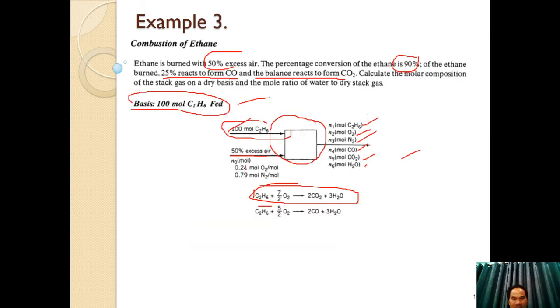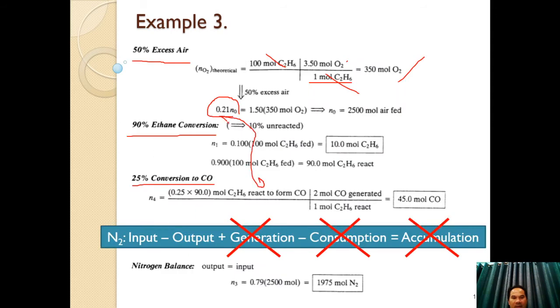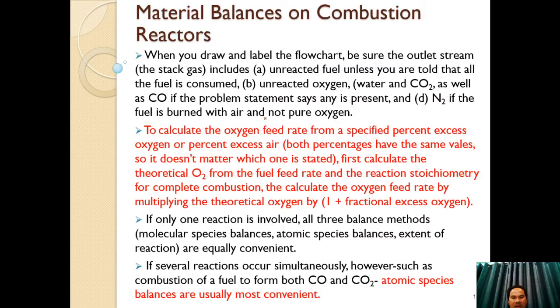Feed oxygen is 0.21 mole oxygen per 1 mole of total, multiplied by N0 mole total, you get mole oxygen. This is the feed oxygen, which equals 1.5 multiplied by mole of oxygen theoretically required.